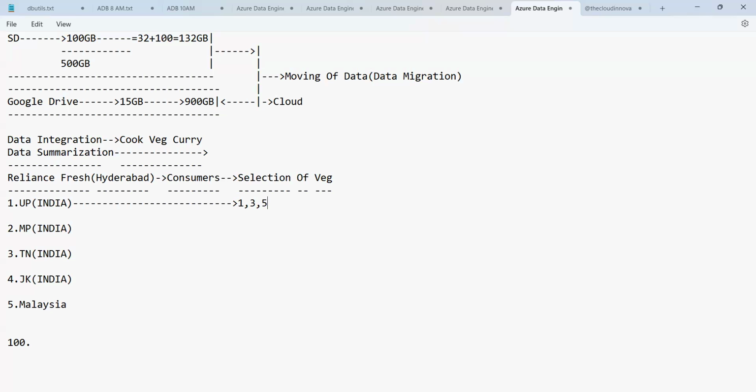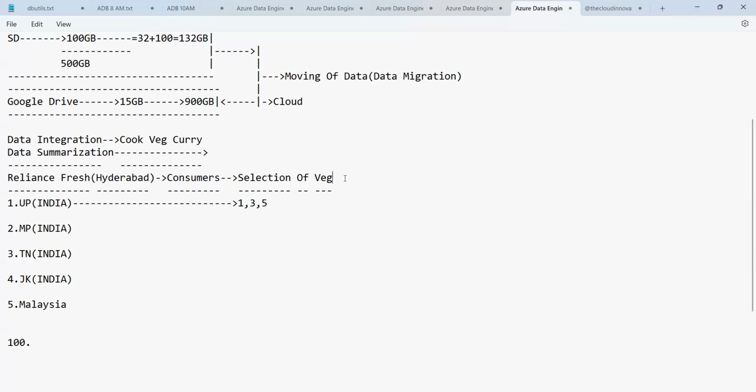So out of all the 100 vegetables available in Reliance Fresh, we are taking only vegetables 1, 3, and 5. So this is called as what?